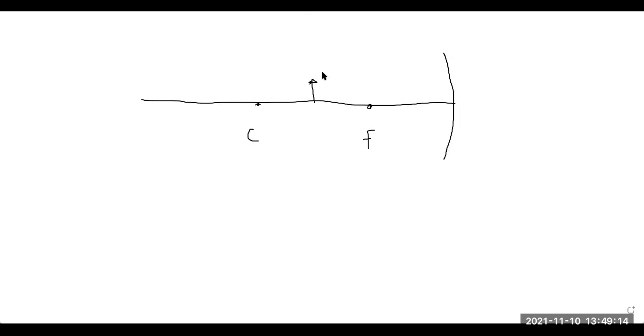Doing some geometry, we can get a pretty good idea of where it's going to make an image, where the light rays that leave this are going to meet up. So if a light ray leaves our object and comes in parallel, parallel rays go through the focus.